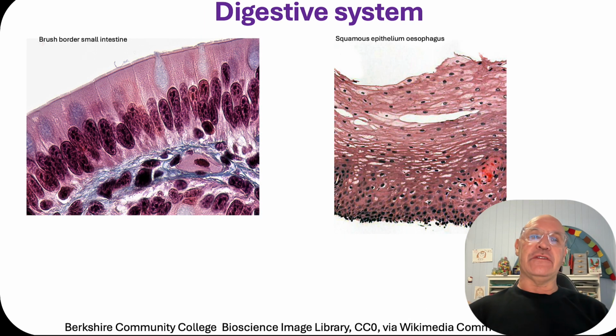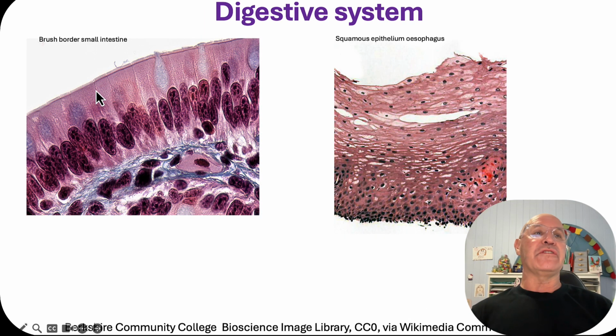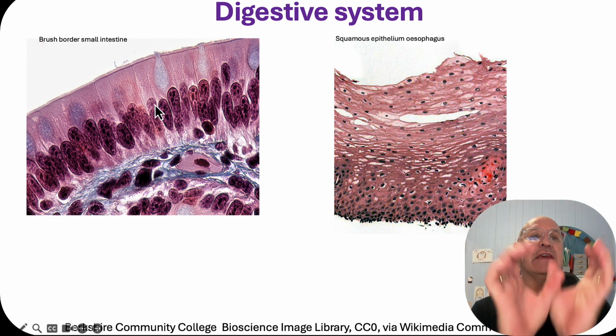And in the digestive system, this is in the small intestine, and this is the lumen of the small intestine here. We can see we've got this sheet of columns tightly packed together.